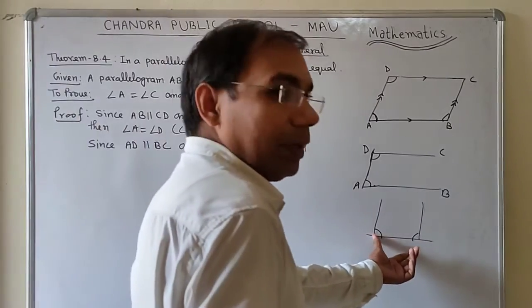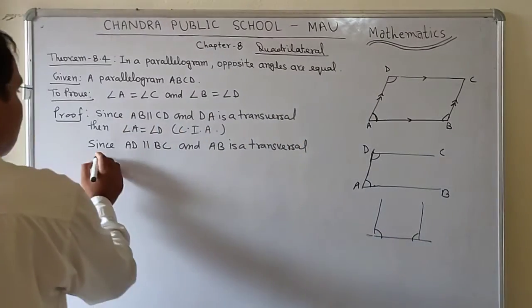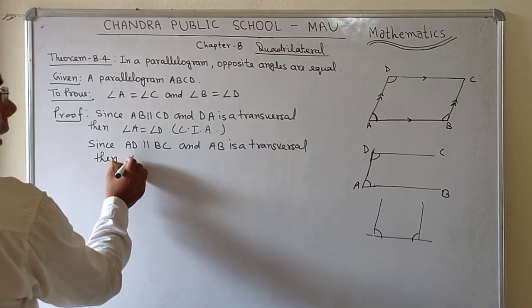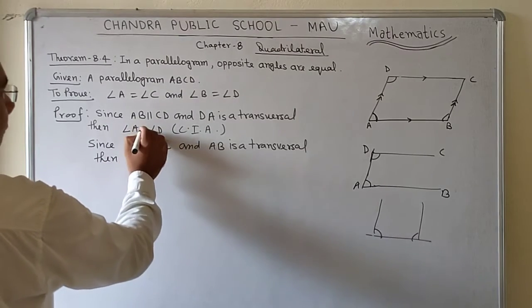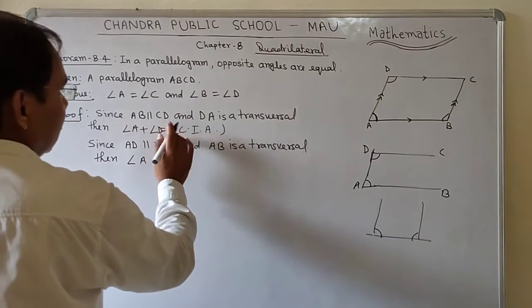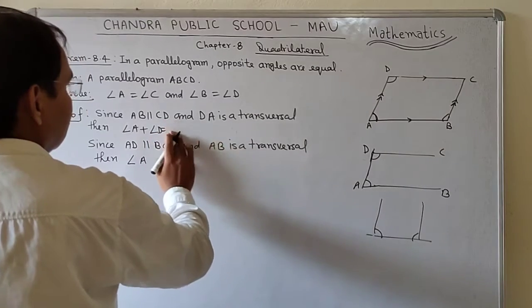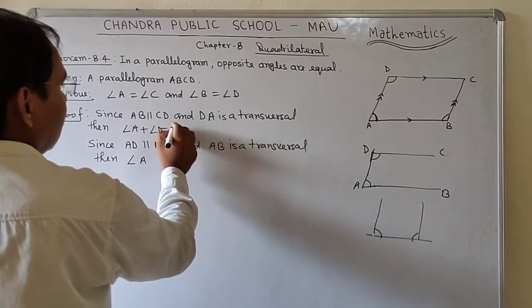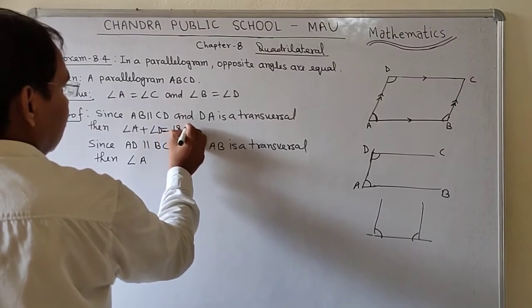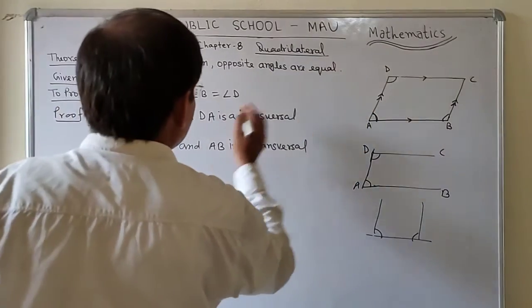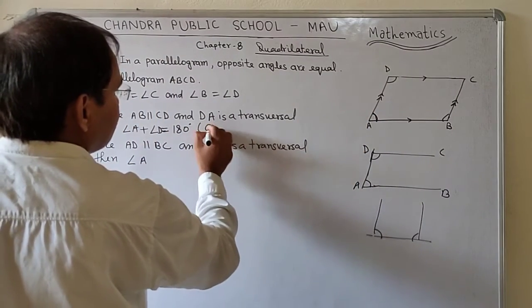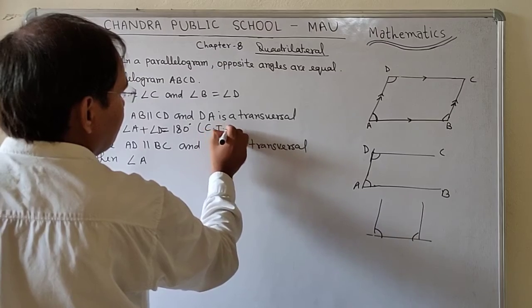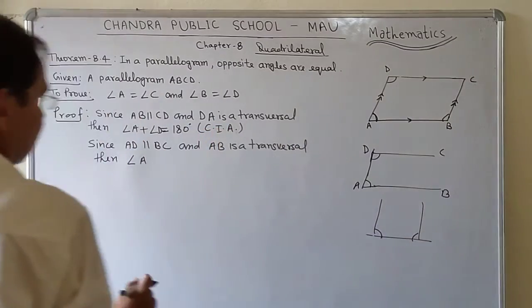So again their sum will be 180 degrees. So angle A plus angle D equals 180 degrees, that is co-interior angles. In short you can write CIA, co-interior angles.